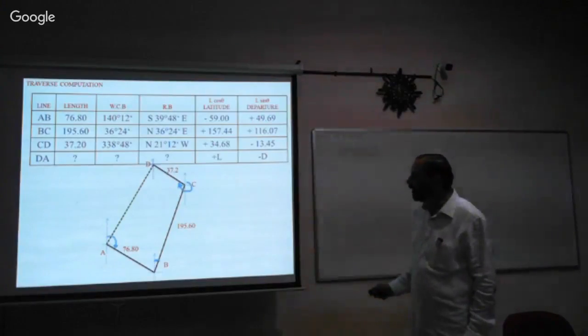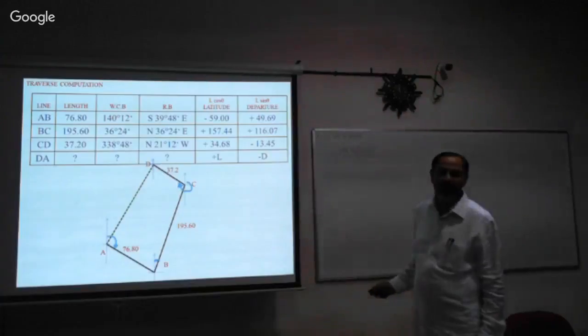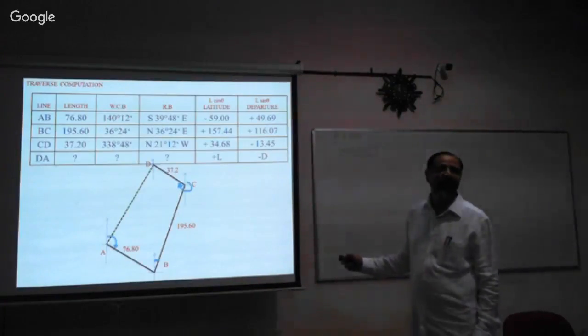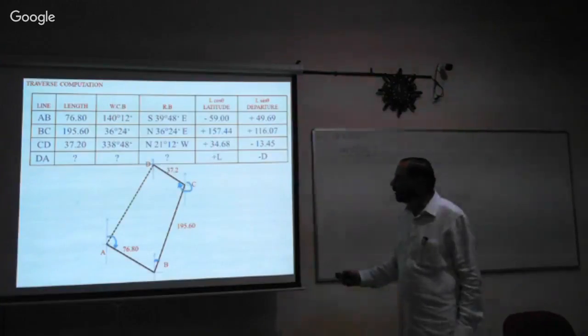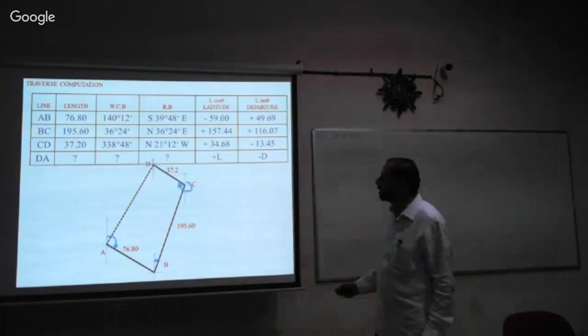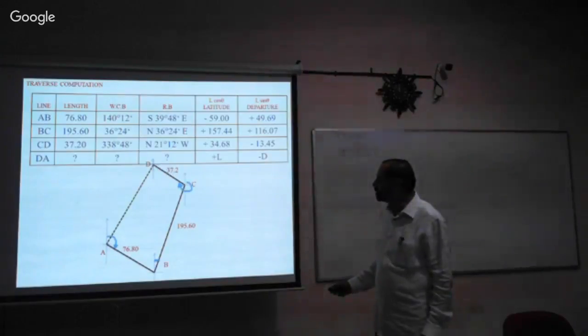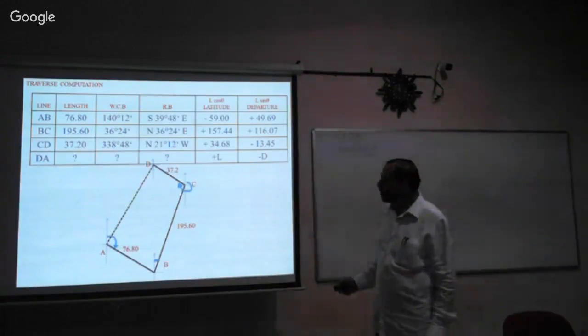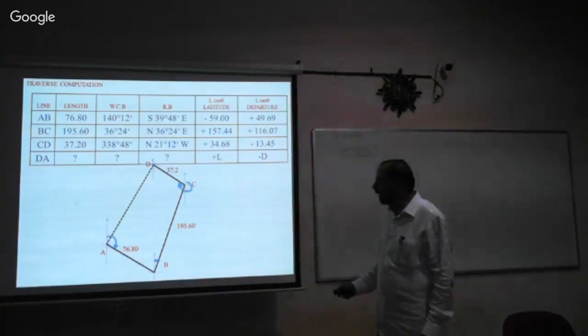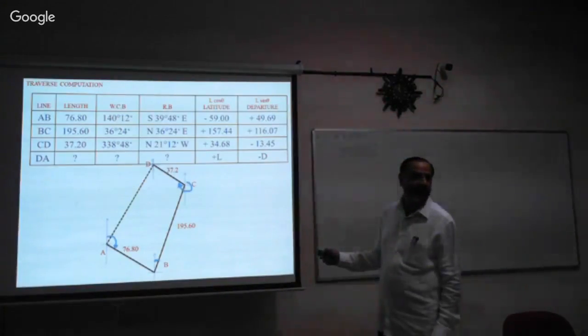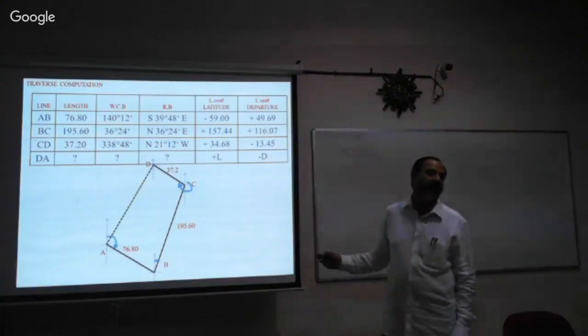That gives the bearing of this line, which is measured from south to east. The reduced bearing of AB is from south to east, at an angle of 39 degrees 48 minutes.